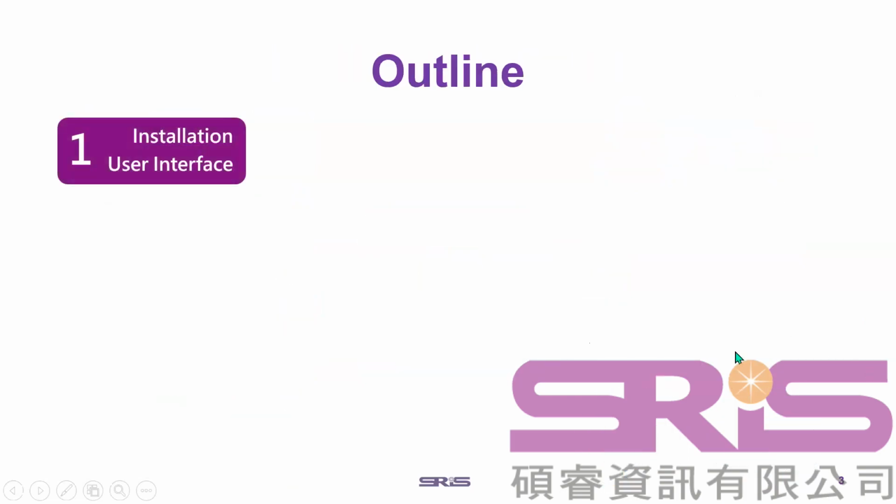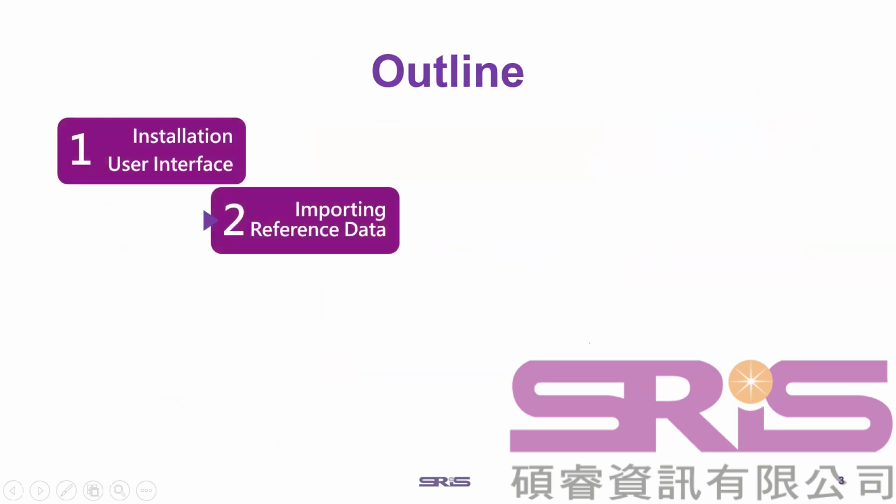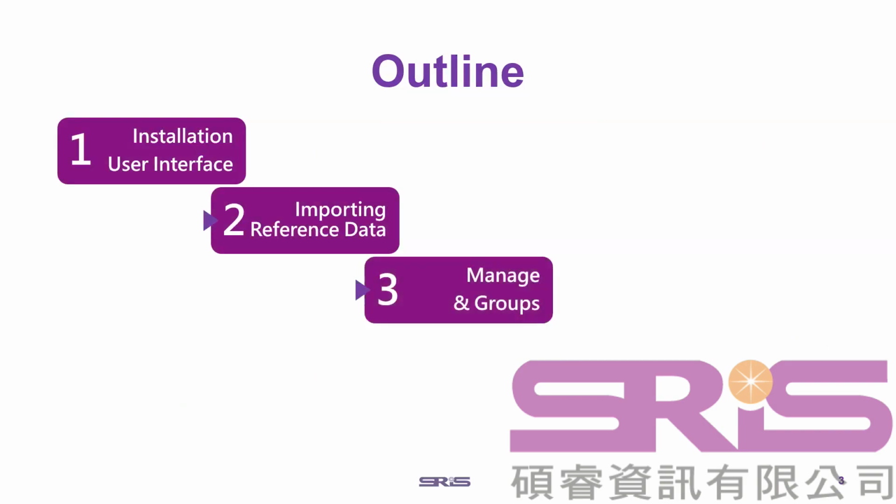Okay, so the outline today is: from the installation, I will introduce the user interface of the EndNote library. The next part is to import different kinds of references from different resources. The next is to manage and create groups for your references in your EndNote library.